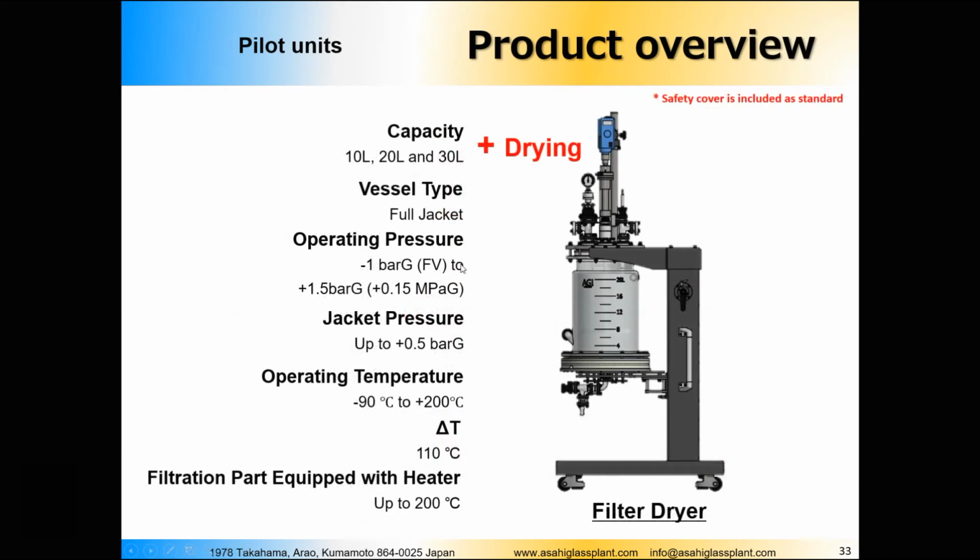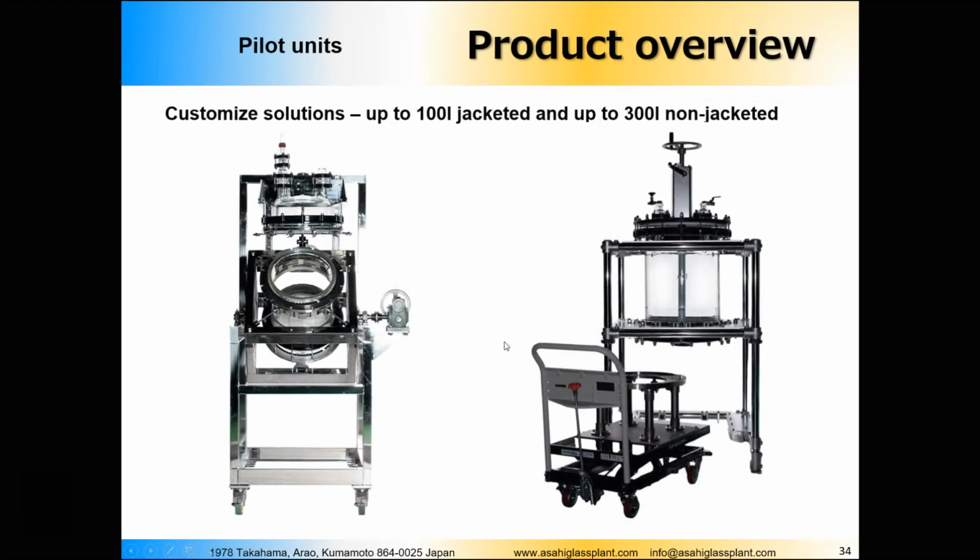Filter dryer is pretty much the same as the Druck filter, but it just has the heated bottom. And of course you can get a customized solution, so you can have up to 100 liter jacketed filters, and up to 300 liter non-jacketed versions.